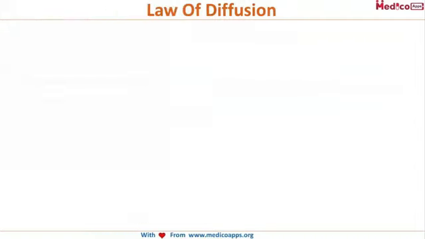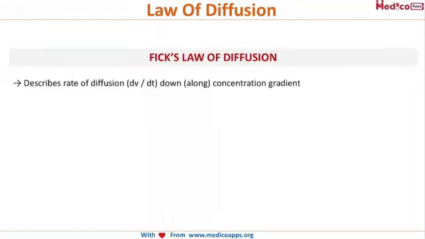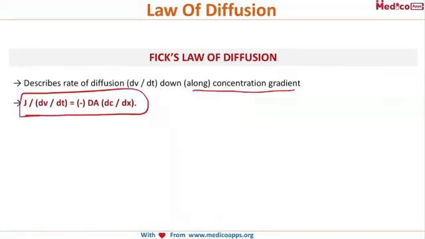Now, there is a law which governs the diffusion. This is called the Fick's law of diffusion. It describes the rate of diffusion along the concentration gradient. What is the rate of the diffusion? And this is given by this formula. You don't really have to memorize this formula, okay. However, let us just understand what it means.